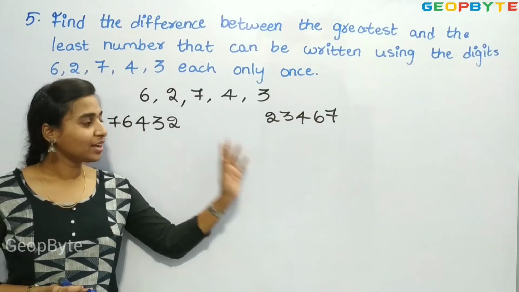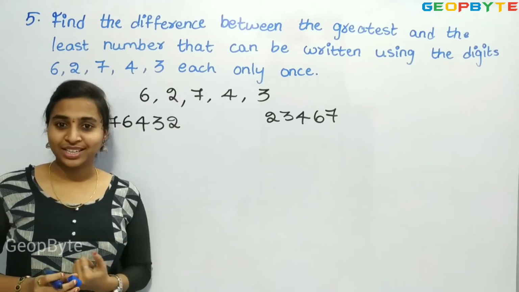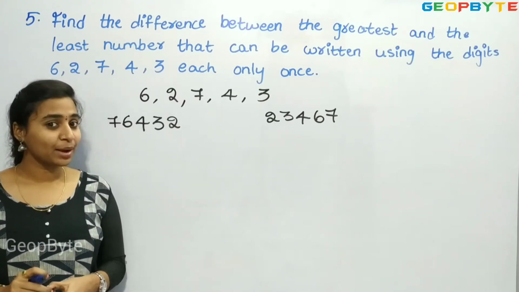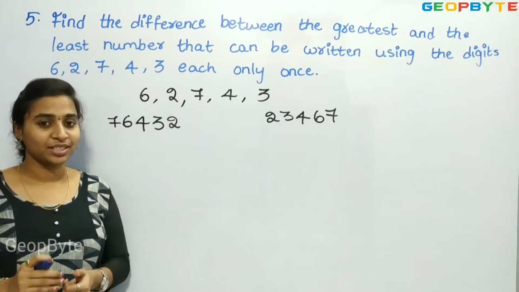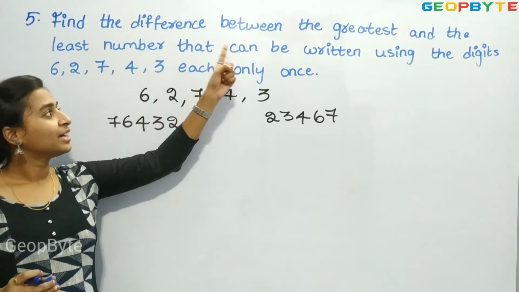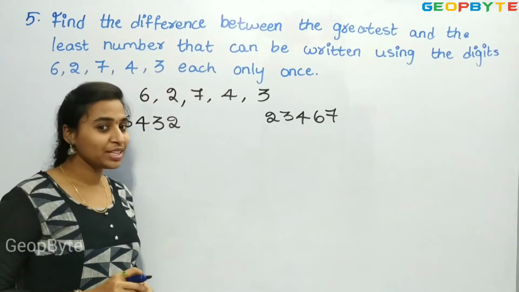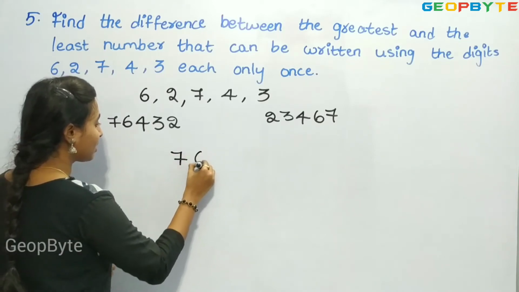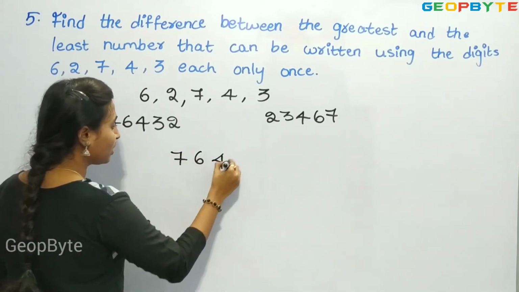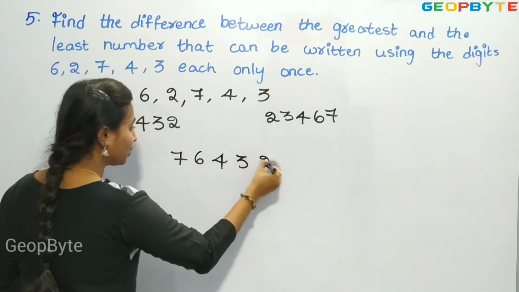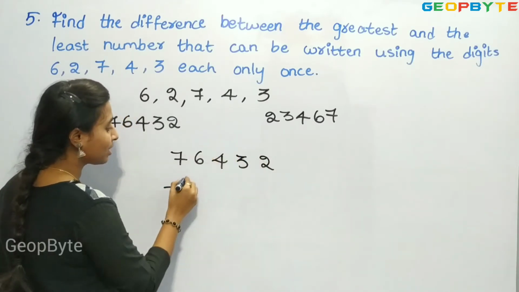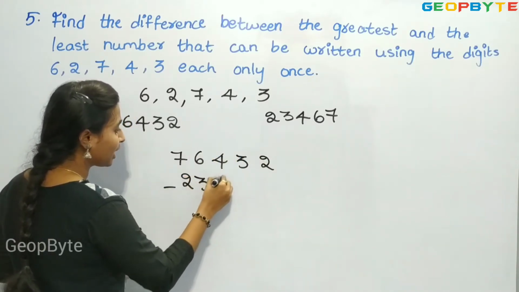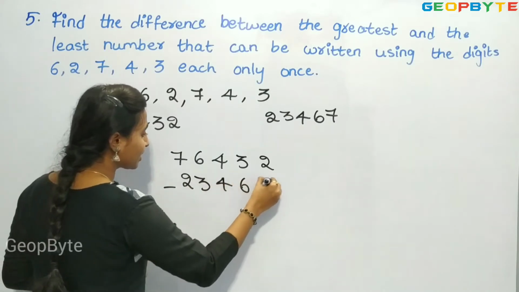These are the greatest and least numbers made from these digits. We need to find the difference. Difference means subtraction. So 7, 6, 4, 3, 2 minus 2, 3, 4, 6, 7.